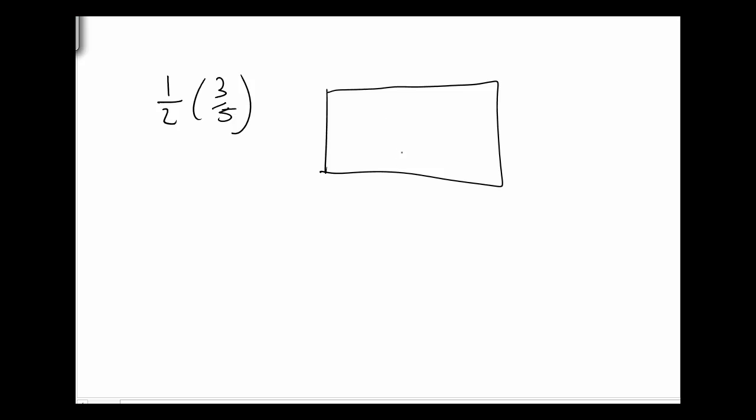Okay, so that's all great if we have whole numbers, but what if we're looking at fractions? So let's take something like 1/2 times 3/5. Okay, so let me first create 3/5. So there's 3/5 would be that piece, that piece, and that piece. Those 3 out of 5.